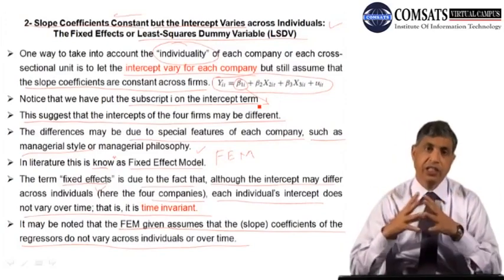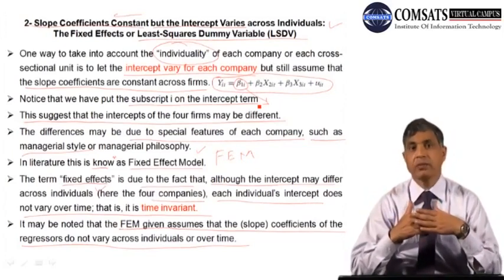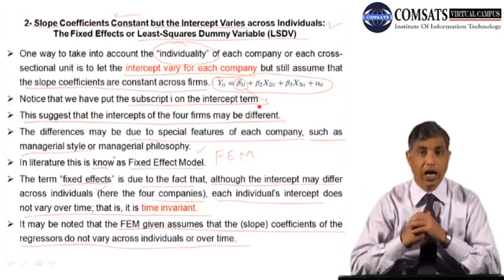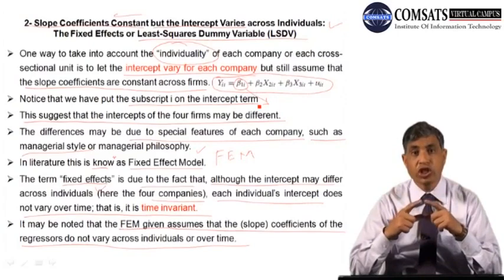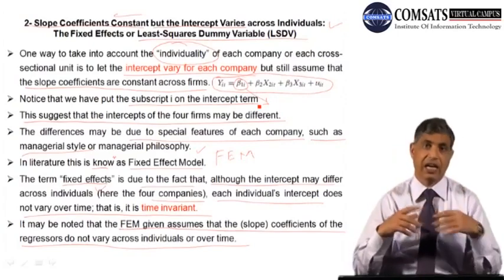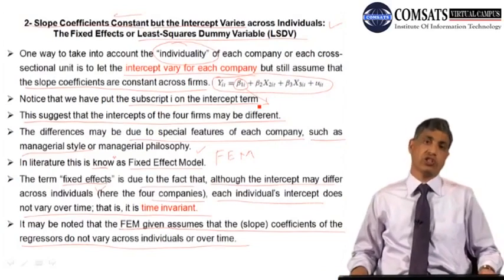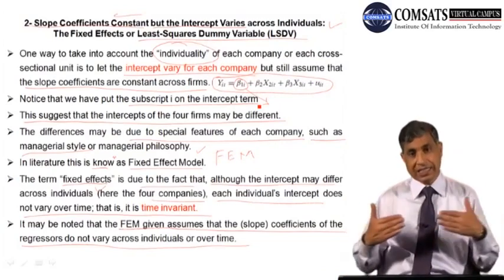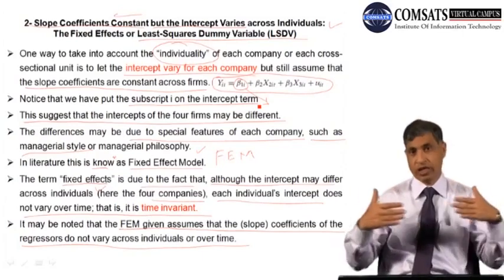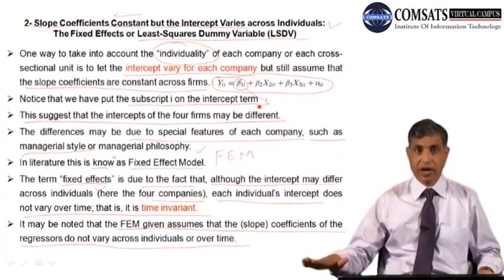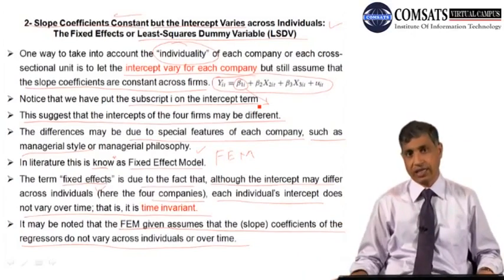The other case was where we relaxed one of the assumptions. We said that the slope coefficient will remain constant, but we allow beta 1, the intercept, to change only across the cross units, not over time. What could change in different companies across units, or across space, is that the environment of one company may be much different from the environment of another.